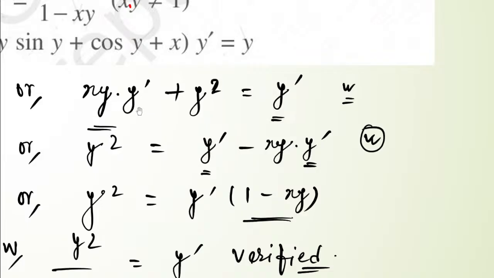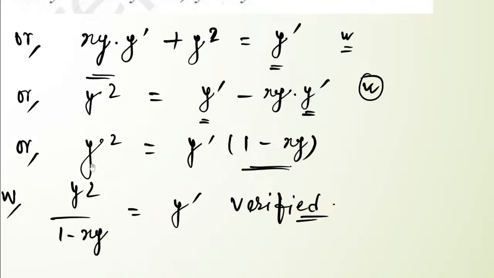Now we keep the derivative on the same side and free from the derivative on the other side. So I move xy times the derivative of y to the right hand side, then in the left hand side I have y² = derivative of y minus xy times the derivative of y.